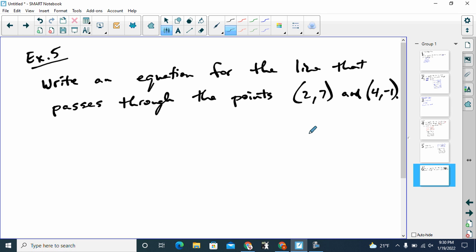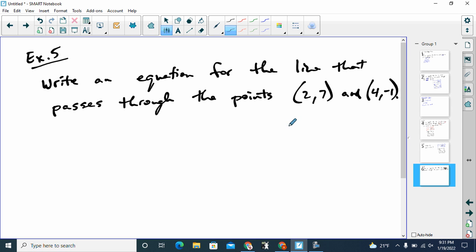I want you to think for a minute about what's different about this problem. What we could possibly do to fix that. Hopefully you've recognized that they don't tell us the slope this time.